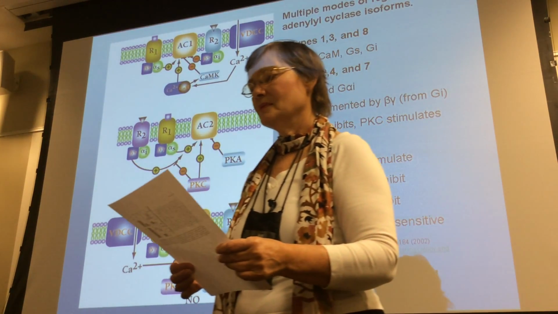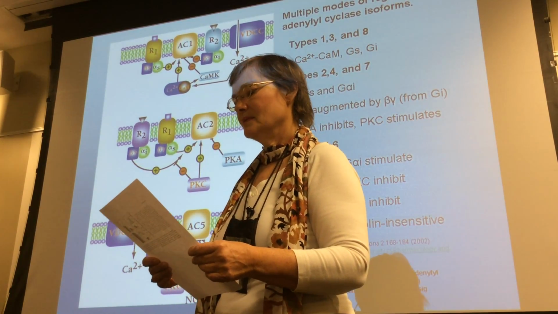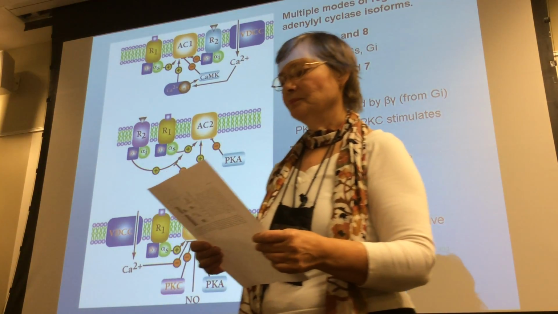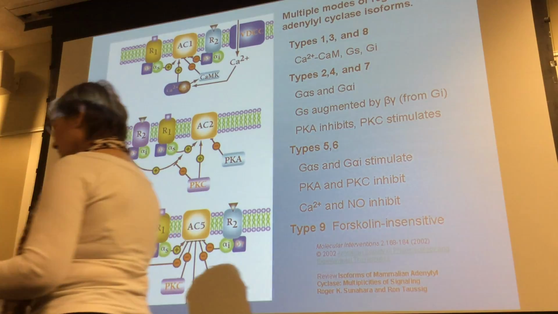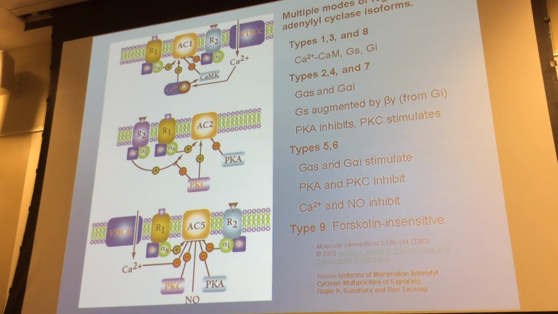In B, in the basal state, there's a basal rate of cyclic AMP production. When you add the ionomycin or the forskolin, you have increased accumulation of cyclic AMP.